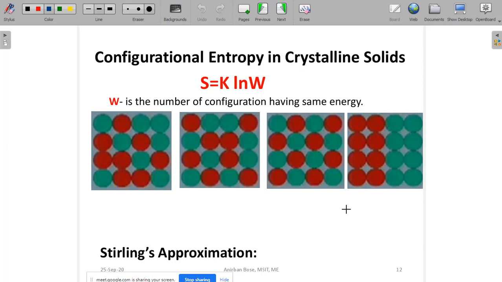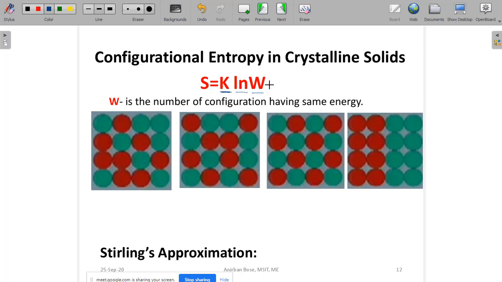It is measured as k, again the Boltzmann constant, into natural logarithm ln W. This W is the number of configurations having the same energy.